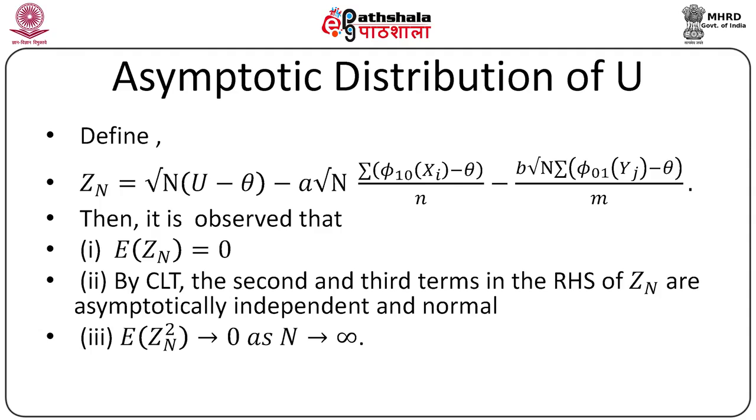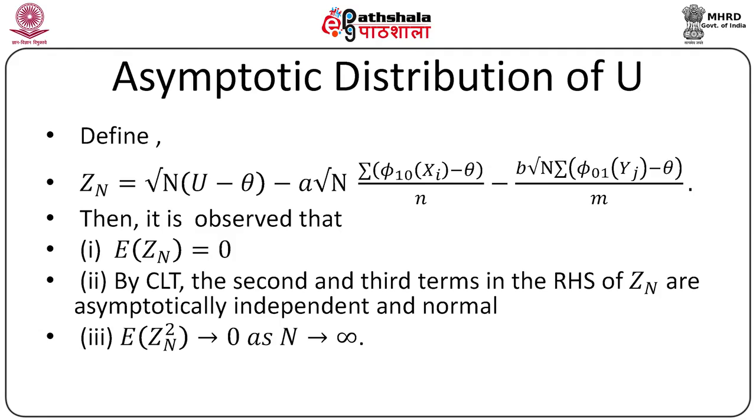Now, we have already derived that sigma square 10 equals variance of X1 and sigma square 01 equals variance of Y1. Thus, we get the asymptotic variance as variance of X1 by lambda plus variance of Y1 by 1 minus lambda. Thus, we just note that for the asymptotic distribution, we need only to derive sigma square 01 and sigma square 10.